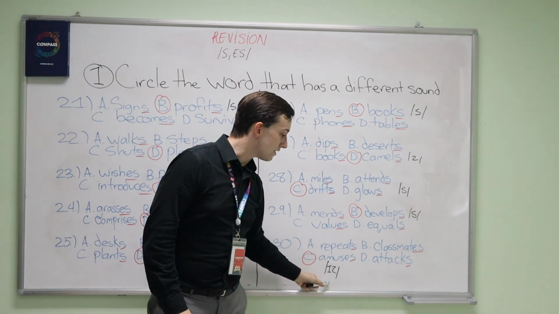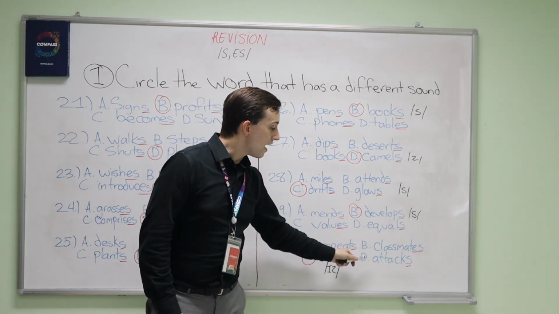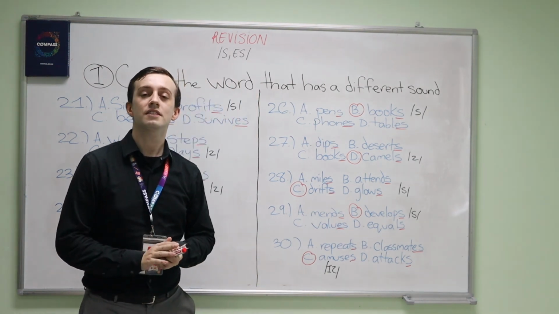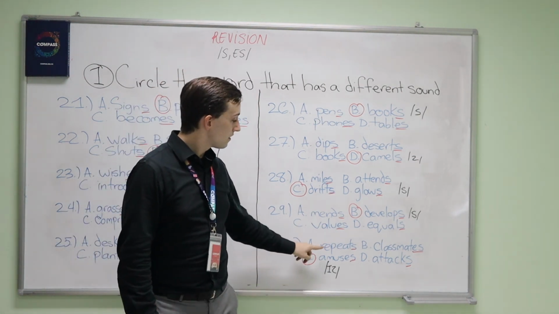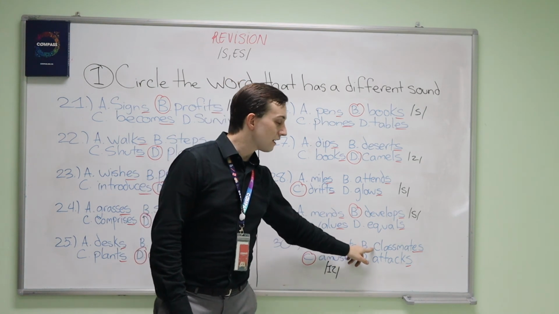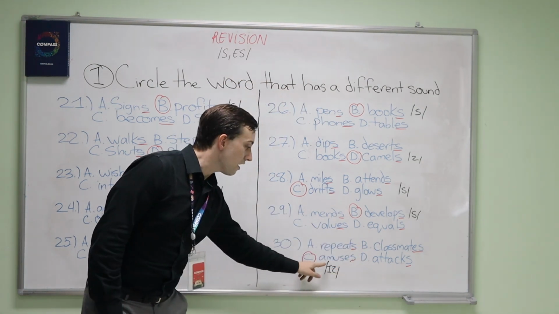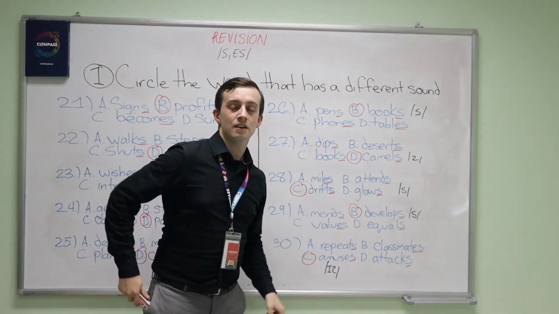Amuses, is. But A, B, and D, S and ES make the sound S, like this. Repeats, classmates, attacks. And here, amuse is.